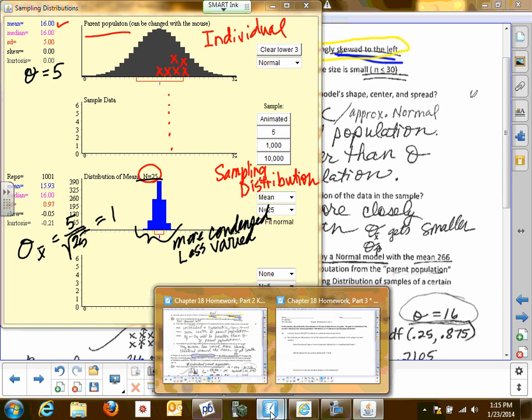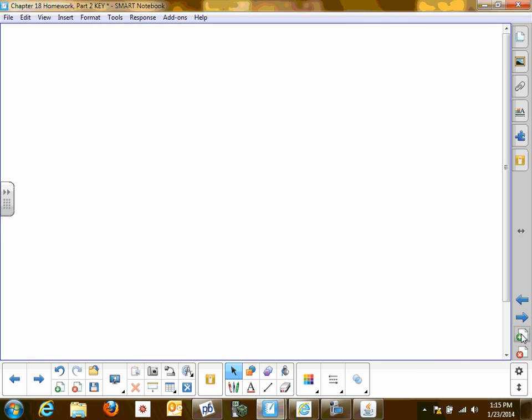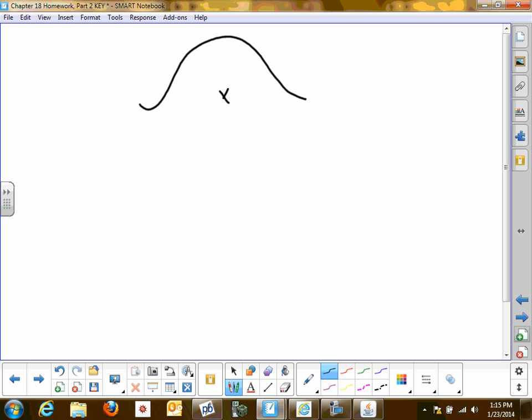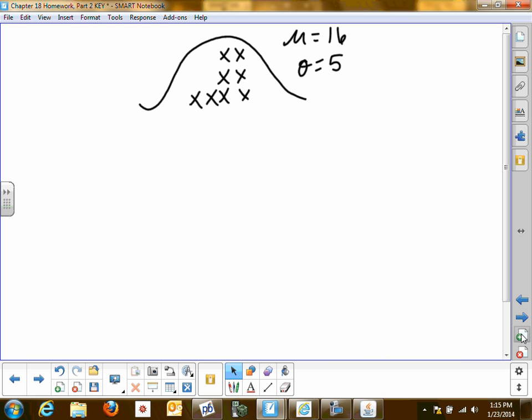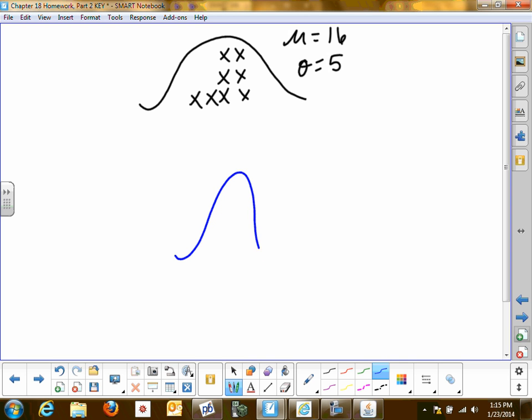I'm going to use a clear page to demonstrate this real quick. So here we go. Here is our parent population, individual times to skip a mile. The mean is 16. The standard deviation is 5. Here comes this drop down one with samples of size 25.